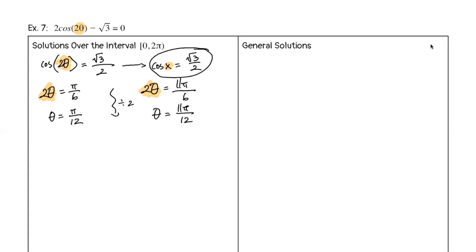Well, when I divide by 2, it's the same as multiplying by 1/2. So pi times 1 gets you pi, and 6 times 2 gets you 12.